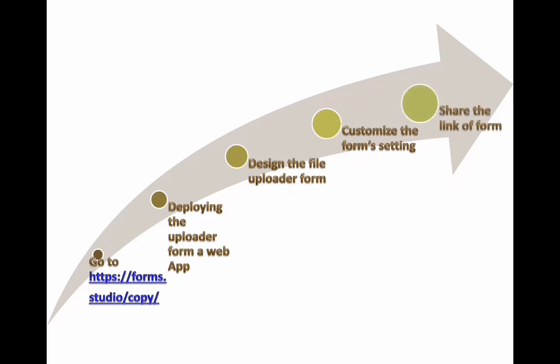After that, the final step is sharing the link of the form. Ultimately, whatever form is generated, we will share the link with the person from whom we want to collect the information. So this is the process of creating Google Forms inside Google Sheets.